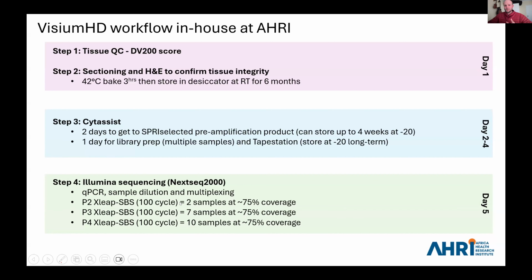On the P2, you'd be able to run 2 samples, P3 would be up to 7 samples, and P4 would be up to 10 samples. We've tried each of these flow cells with the numbers stated here, and we've gotten data from each run. So in terms of the sequencing depth, this does seem to be sufficient.